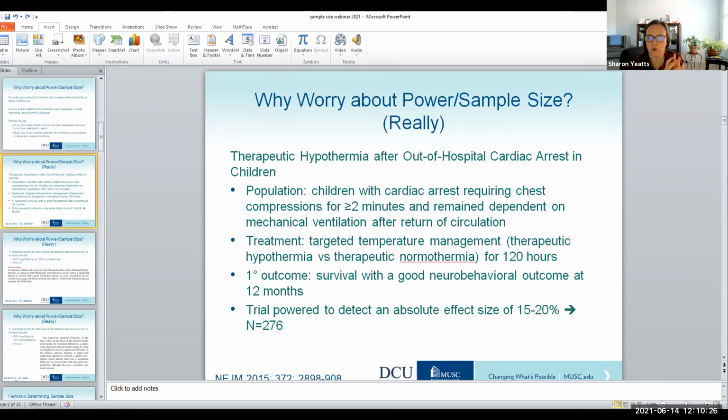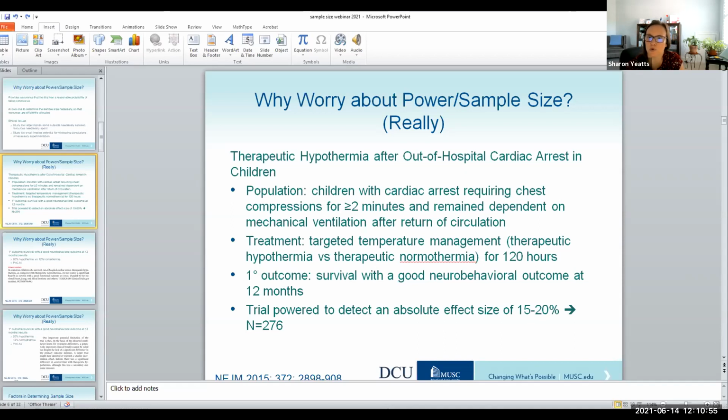So this is an example from the relatively recent literature, 2015. This is the therapeutic hypothermia after out-of-hospital cardiac arrest in children study. This trial was looking at children with cardiac arrest who required chest compressions for at least 2 minutes and remained dependent on mechanical ventilation after the return of circulation. And they were randomizing patients then to targeted temperature management for 120 hours.